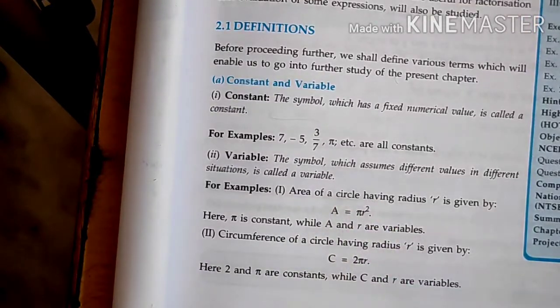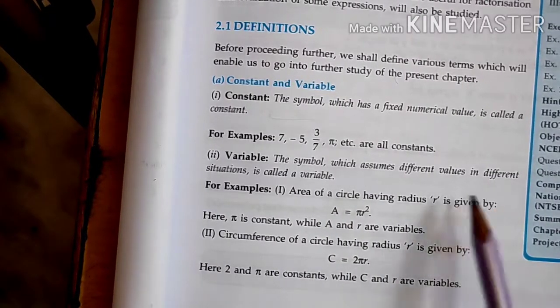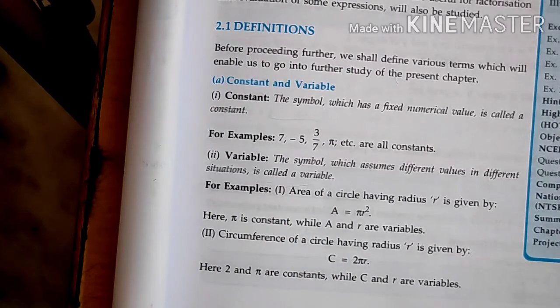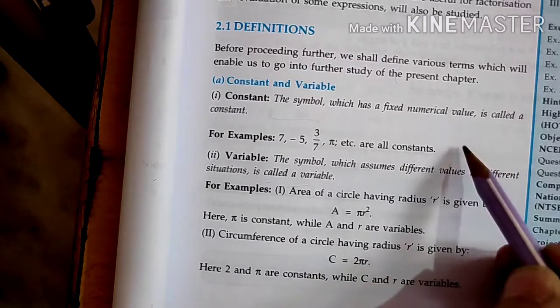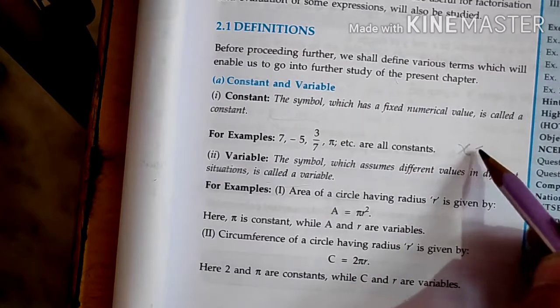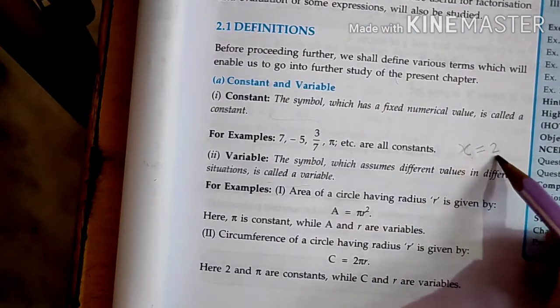The symbol which assumes different value in different situation is called variable. That means let's suppose I write x. Now what is x? This is not fixed. If I put x equals to 2, that means now x is equals to 2.